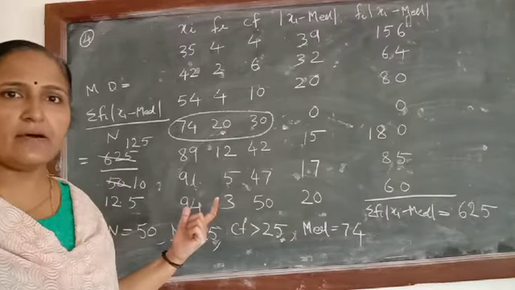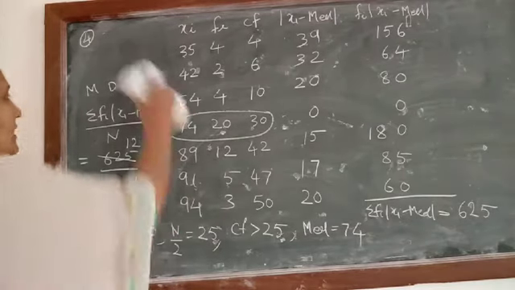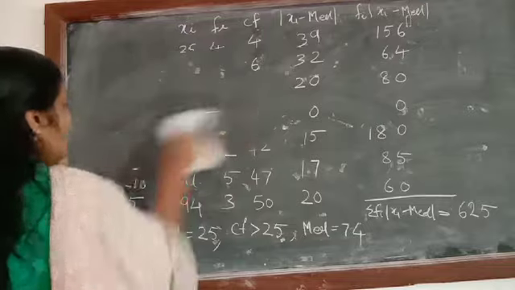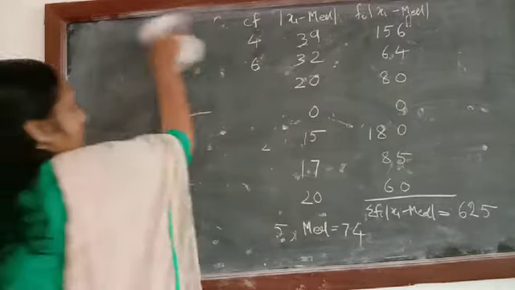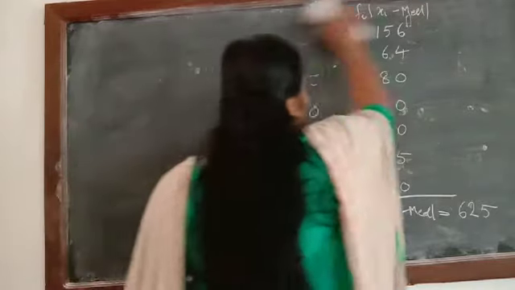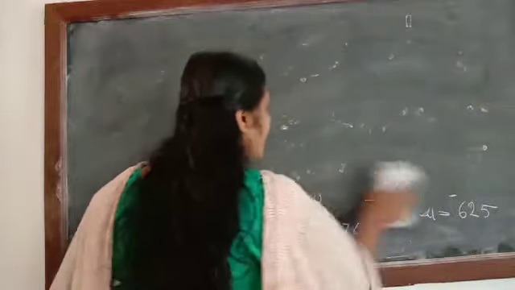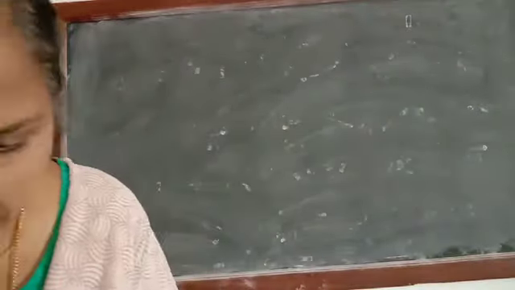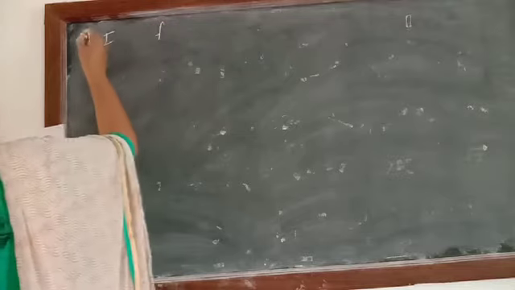Is it clear? Okay. Now we will check the next condition when class intervals are given. First thing is that we have to calculate the median, after that the mean deviation. So write down class interval and frequency.